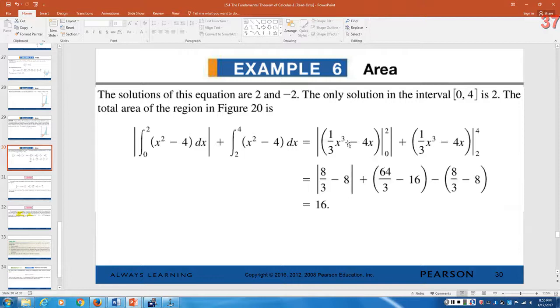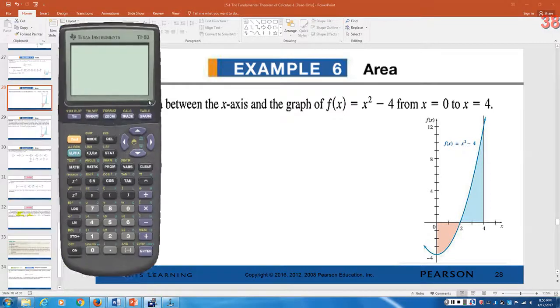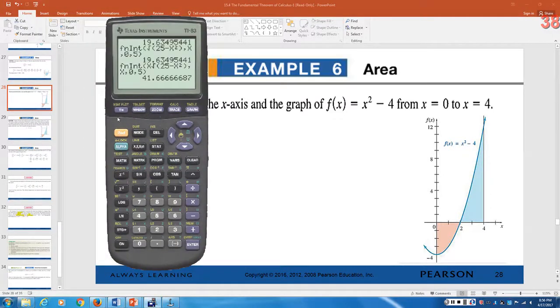So if I were doing this problem without worrying so much about the calculus, if I were going to do the preliminary work here, this is the important thing. I would go to y equals and graph y equals x squared minus 4.